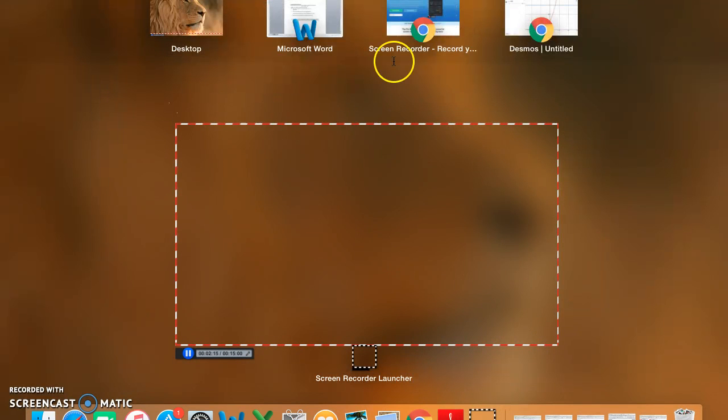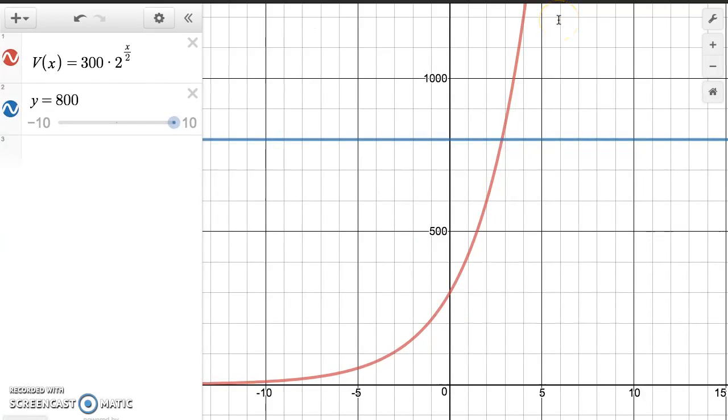And moving to Desmos, I set up the two equations. So in the red, we have the number of infected virus computers, the 300 times 2 raised to the x over 2.